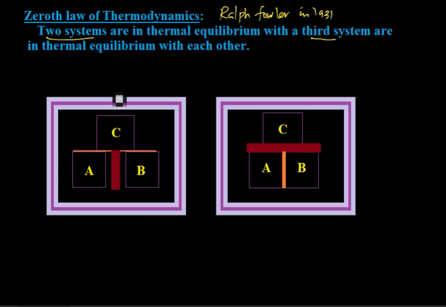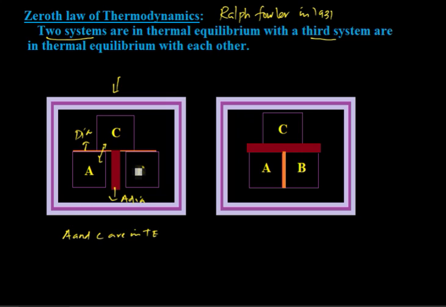Here you can see three systems: system A, system B and system C. Here this line represents, suppose, an adiabatic wall, so no heat or matter can be exchanged between A and B. Now you can see that A and C are separated by a diathermic wall, so the systems A and C are in thermal equilibrium.